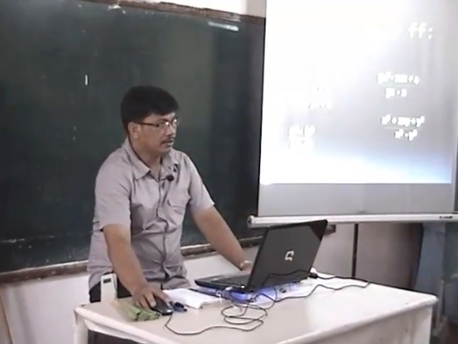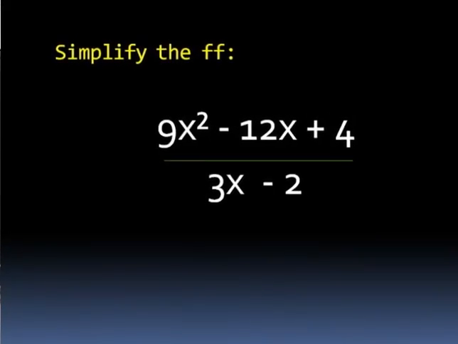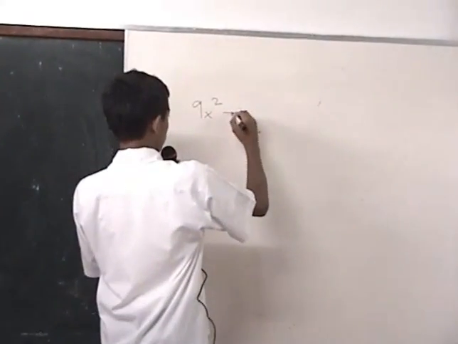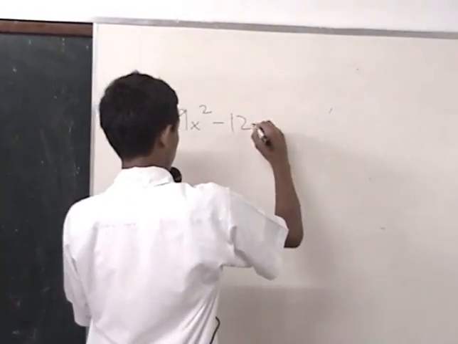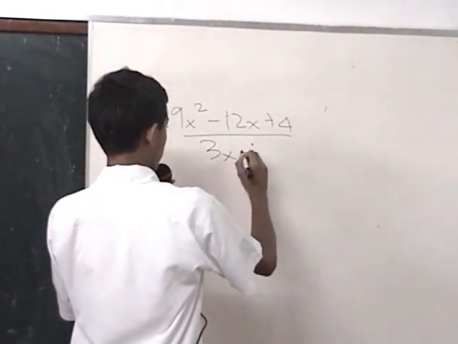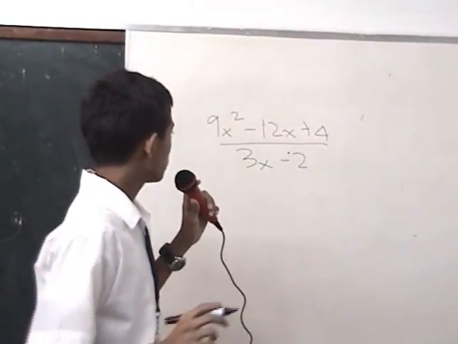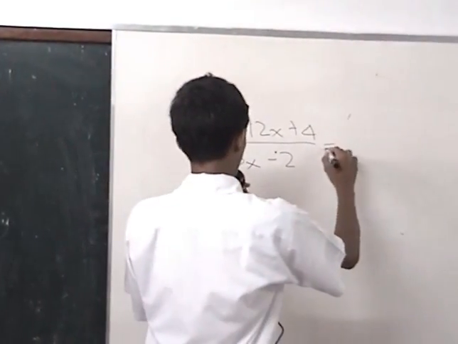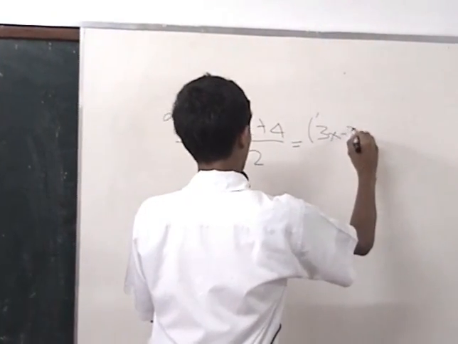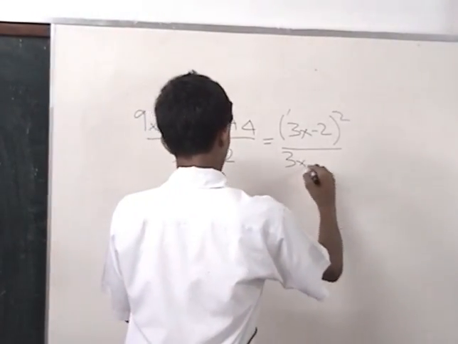The next one, Mr. Abarca. To simplify the expression 9x squared minus 12x plus 4 over 3x minus 2, we get the factor of the numerator since it is a perfect square trinomial, which is 3x minus 2 squared over 3x minus 2.